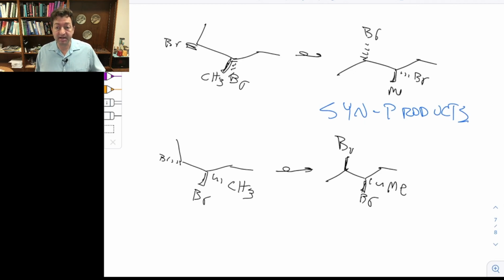Now, it's still the same mechanism. We get formation of a bromonium ion and ring opening, but then subsequently rotation to the lowest energy winds up putting both of those on the same side.